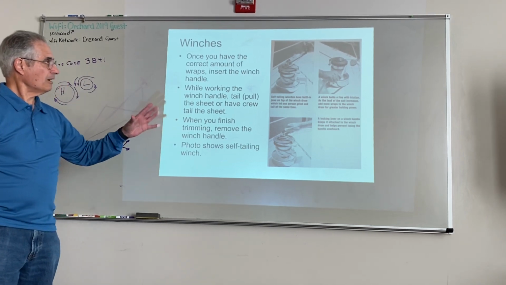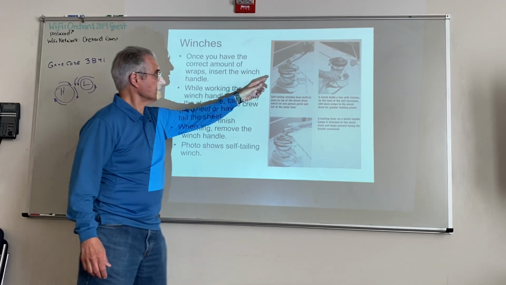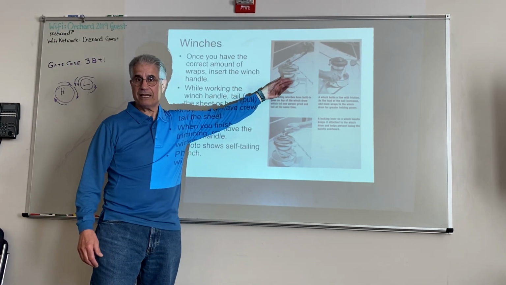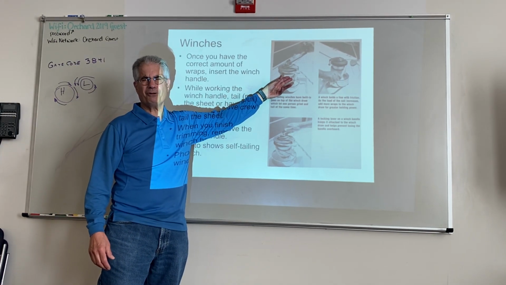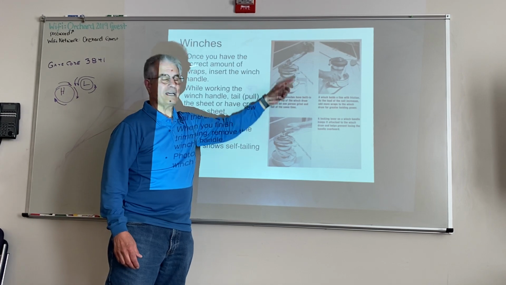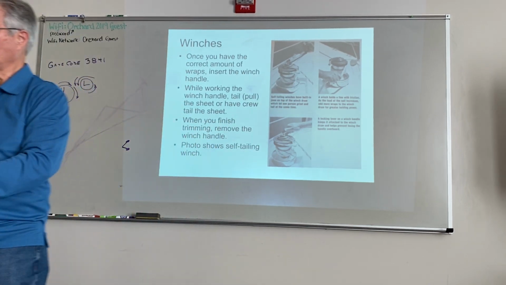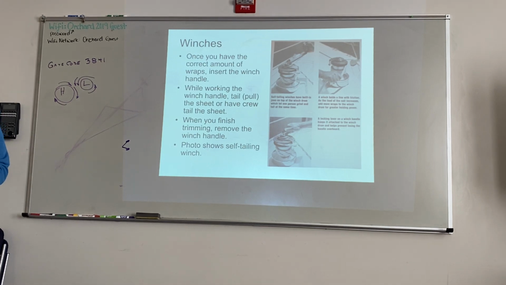We have self-tailing winches, most of them. I don't know if they're all self-tailing, I think they are. So you don't have to have somebody pulling on the line while you're cranking.